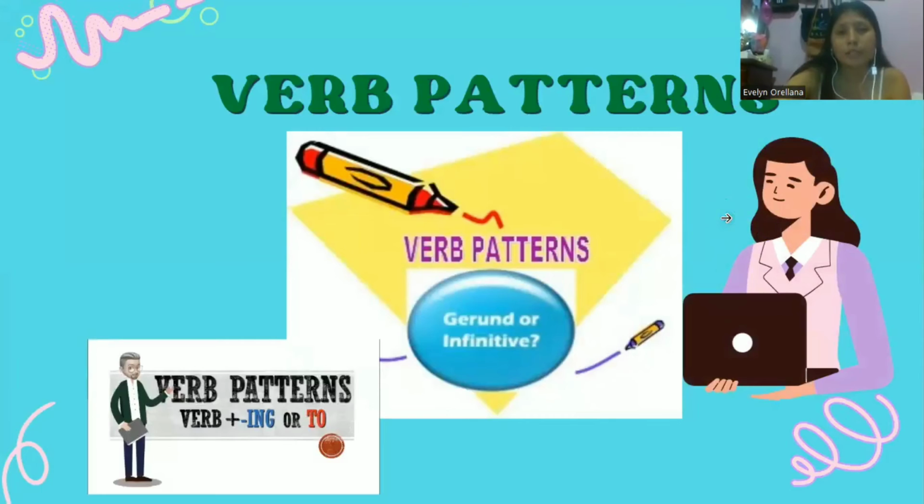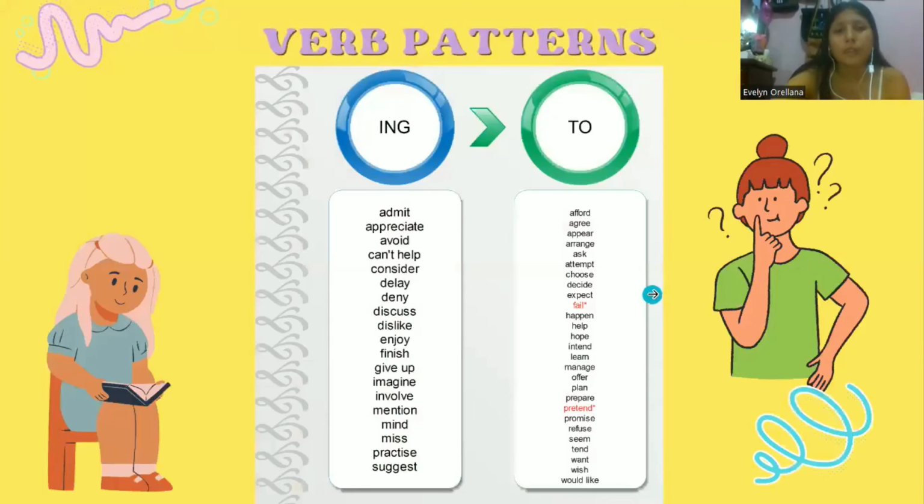Also, we study the verb patterns with ing or to. Verbs with ing: admit, appreciate, avoid, can't help, consider, delight, deny, discuss, dislike, enjoy, finish, give up, imagine, involve, and others.